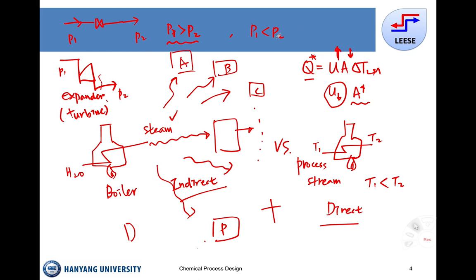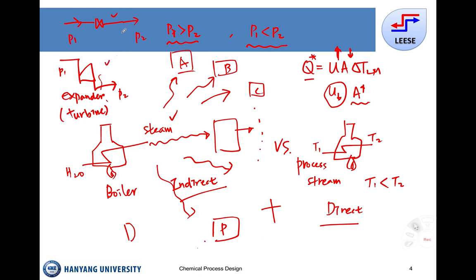In some cases, we need to increase the pressure, then we have to use a compressor. But when we are using steam, we are typically producing very high pressure, then reducing the pressure. That is quite common. So these two devices are commonly used to control the pressure.